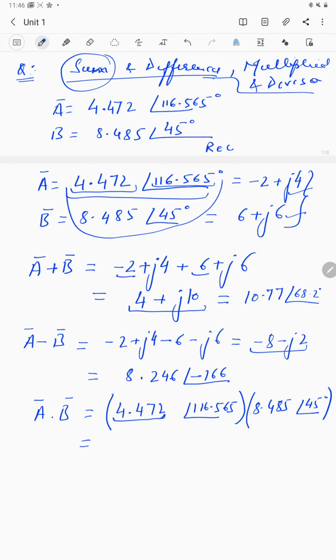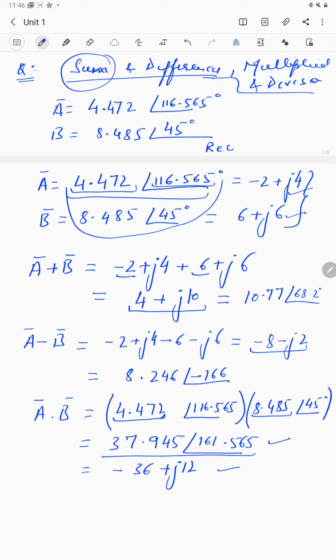Just multiply the magnitudes and you will get 37.94. The angles should be added in multiplication, so you will get 161.565. This is the polar form after the multiplication. You can also convert this into rectangular form, and you will get minus 36 plus j12. So we have both the polar and rectangular forms of the multiplication of the phasors.